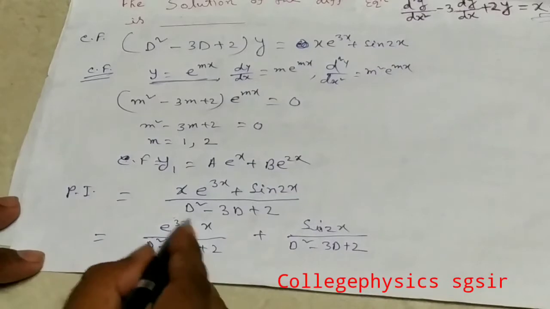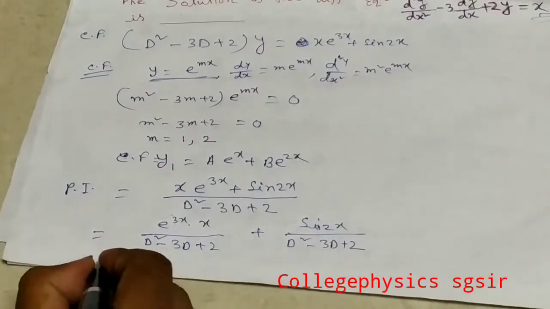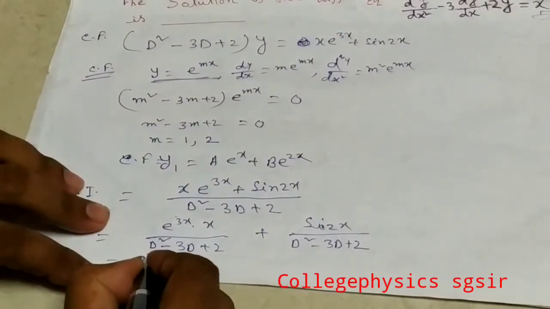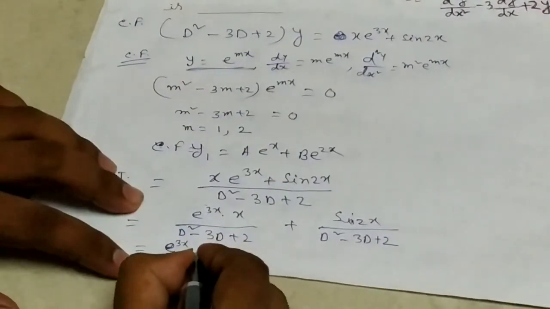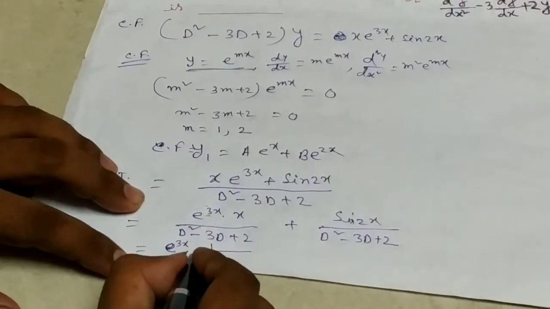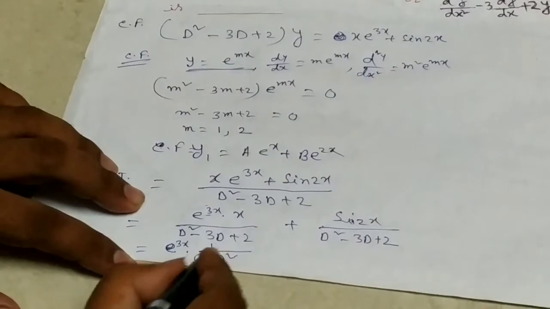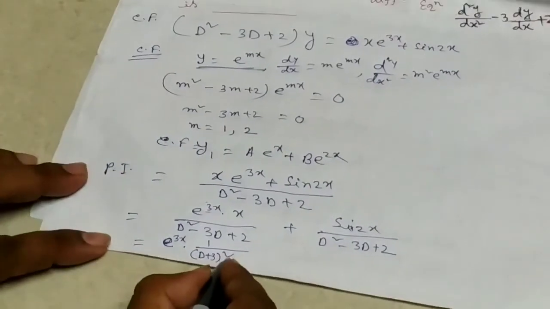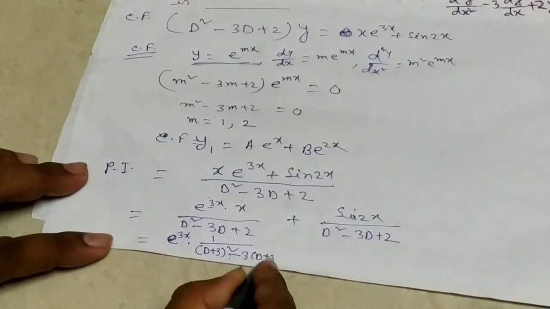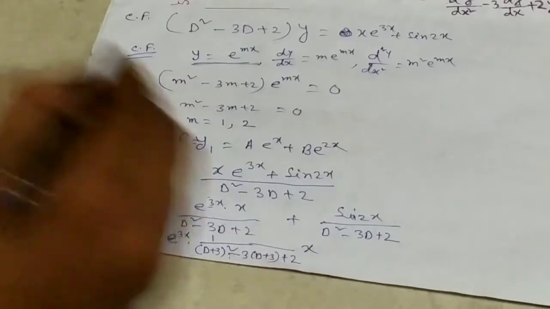For the e^(3x) term, we solve this using the rule. We write e^(3x) and we put the value of a, which is 3, so D becomes D + 3, whole square, minus 3(D + 3) plus 2, into x.